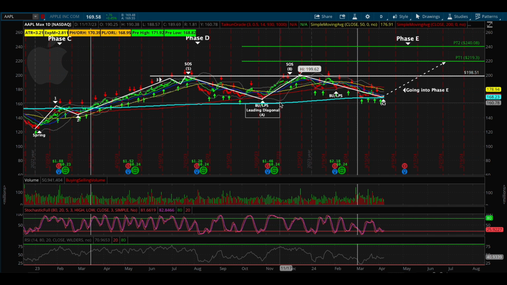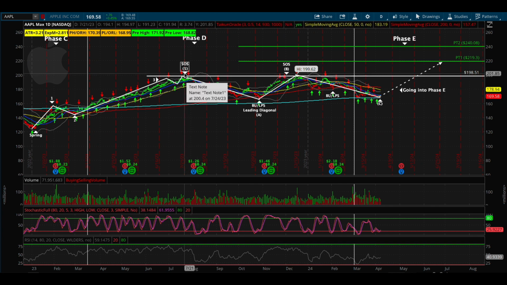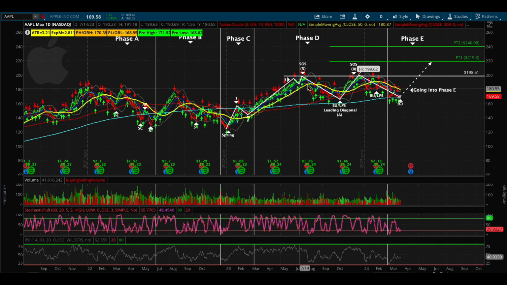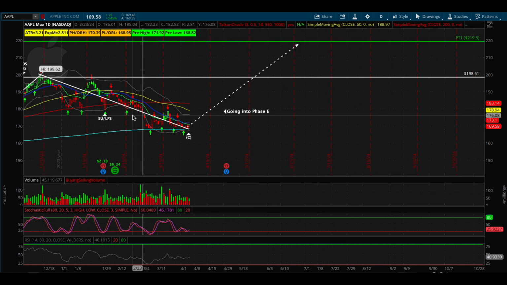So we probably hit an A, B, C down here, which would still be the Wyckoff phase D, going into phase E, which would be straight up. So that would be the bullish standpoint, macro.